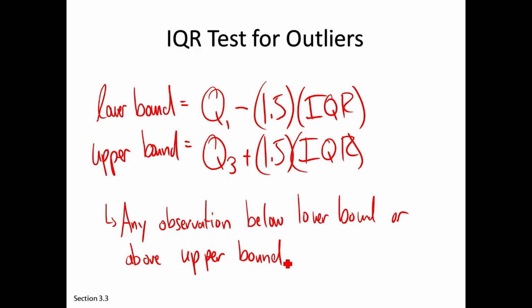And if we find anything out there, we flag those as a potential outlier. So we basically make a fence. We say this is the bottom of the fence and this is the top of the fence. Everything in there is cool, but if there's anything outside that range, then we flag it and say, that looks pretty uncommon.